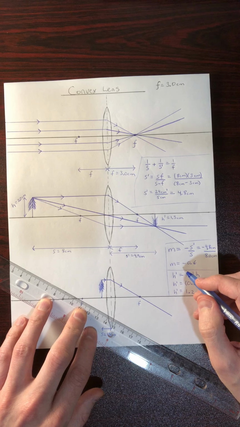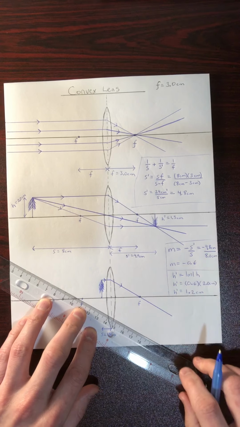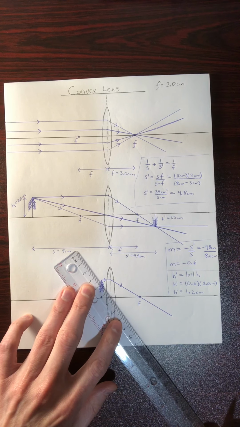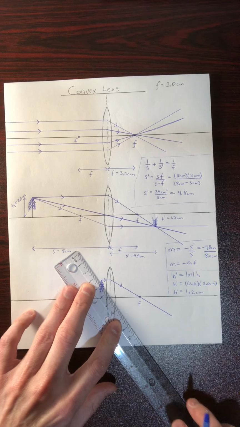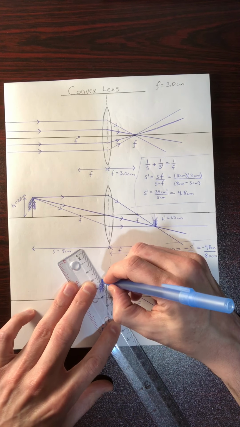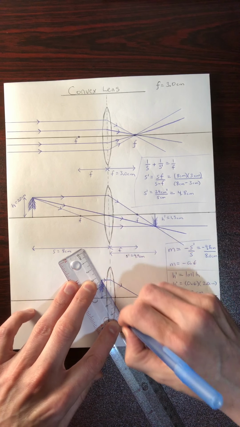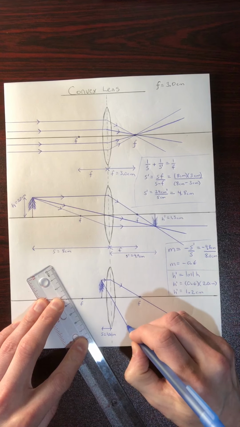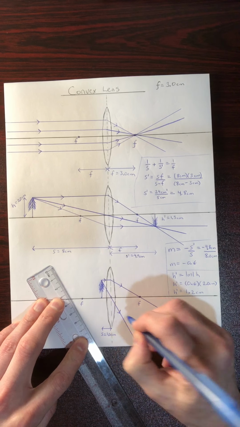Okay, well, the next thing that we can do is we're going to draw a ray from the top straight through the middle, because we know that one is not going to refract. That's an easy one to draw. Okay, I'm going to draw that straight through, and here we go.